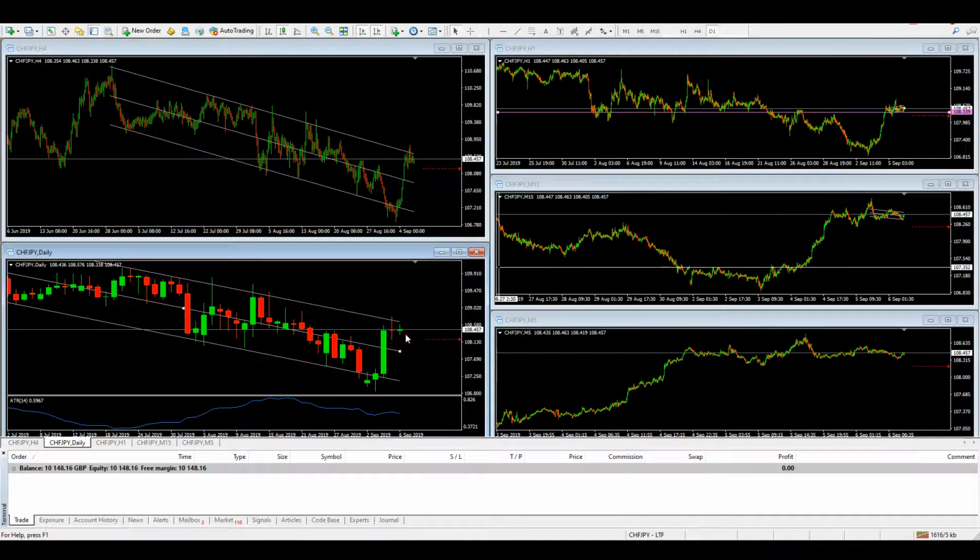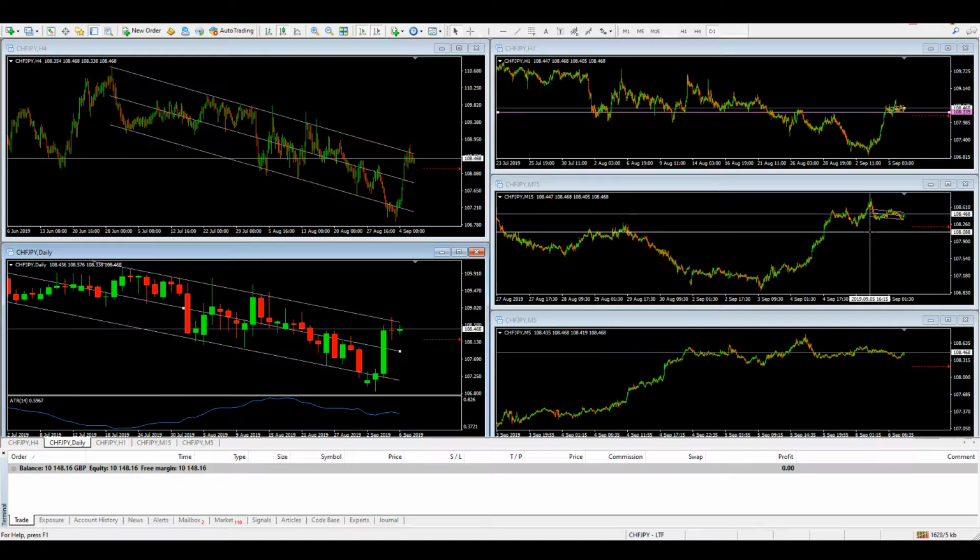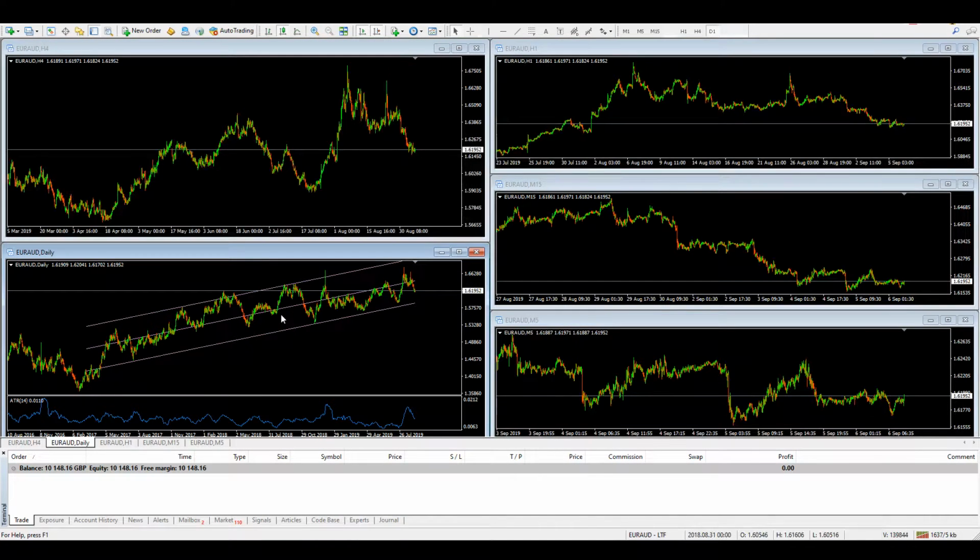So maybe consider 0.5% to 1% in terms of the risk. It's something that you could always scale into again next week if the price is promising. So yeah, shorts on CHF JPY today definitely looks something to keep an eye on.